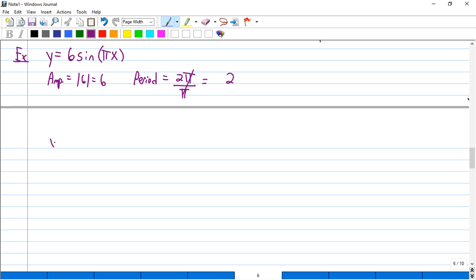All right, you do this one. I'll give you 2 tricky ones. Let's see. y equals 4/3 cosine of 3/4 x, and the super tricky one.